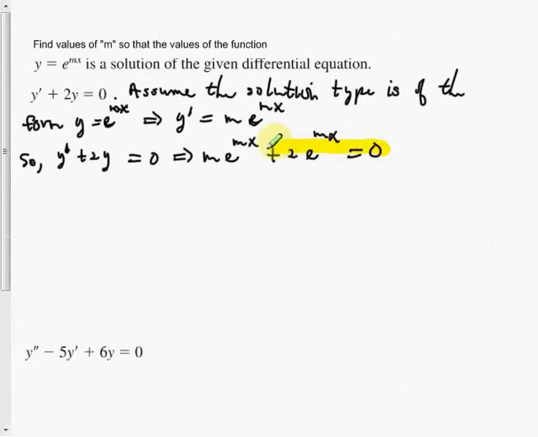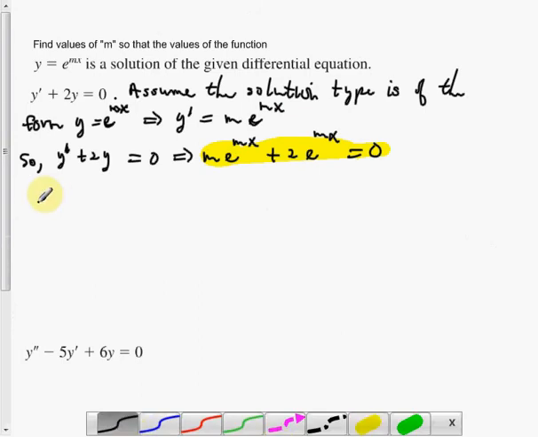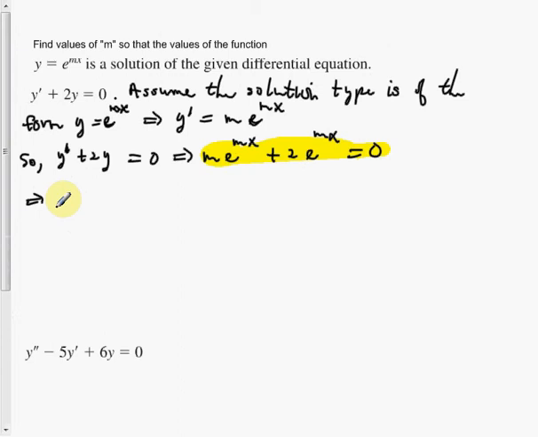Looking at this equation, notice that e to the mx is common, so we factor out e to the mx. This implies e to the mx times what's left, m plus 2, equal to 0.